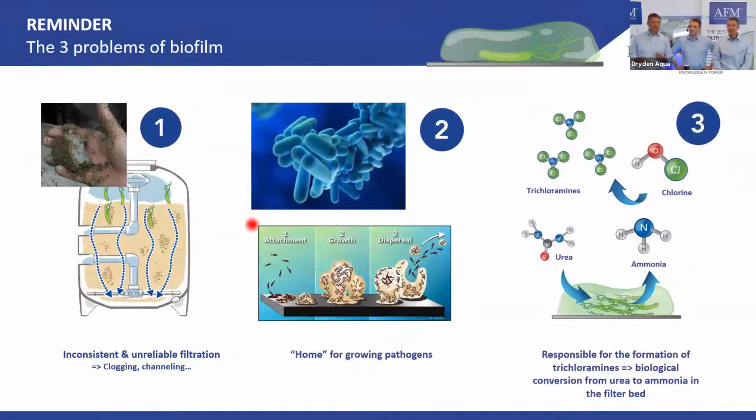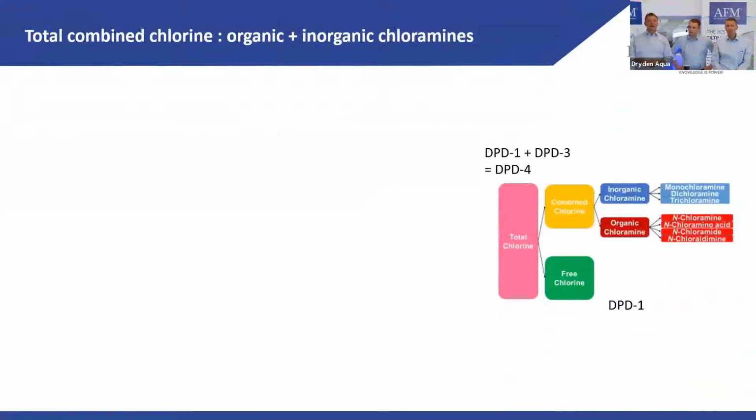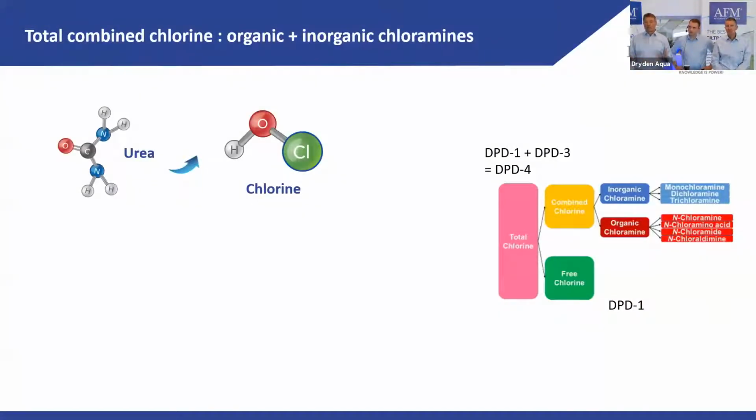Again, quick look at this. What we said, because of question number 1, is channeling, biofilm building, conversion from urea, organic, to ammonia. This biological conversion then goes into mono-, di- and trichloramine, which are the inorganic combined chlorine. If you have an AFM, urea stays urea. 80% is urea from urine and from sweat.